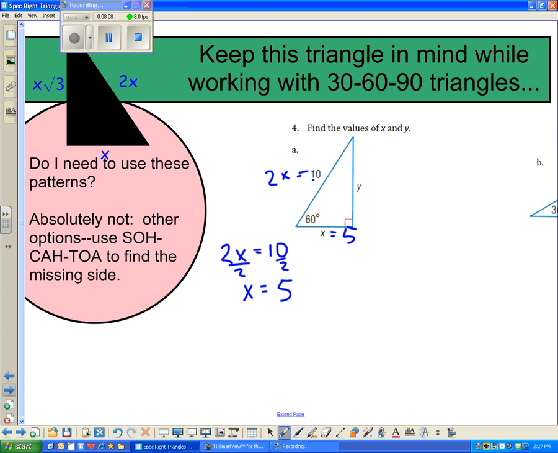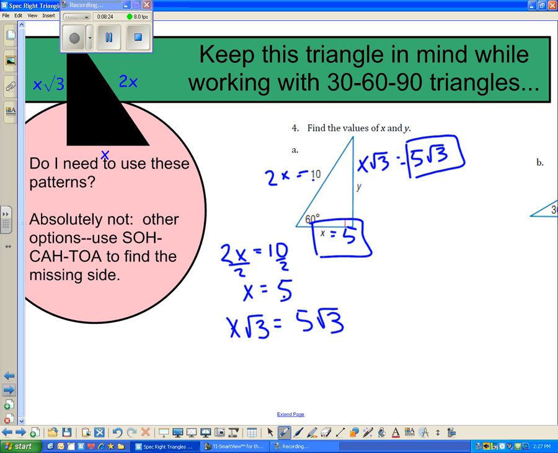I know that that missing leg up there has to be x root 3, so since 5 is x, that is going to be 5 square root 3. So I've got the two missing values. x is equal to 5, y is equal to 5 root 3.